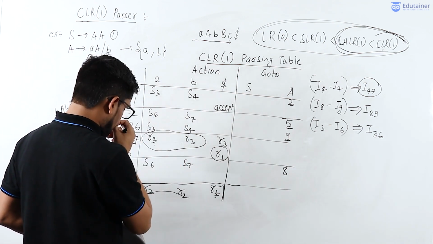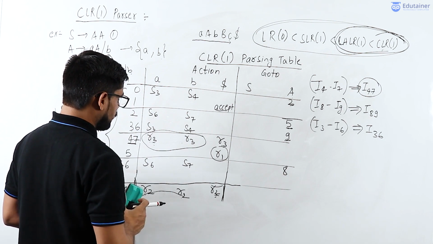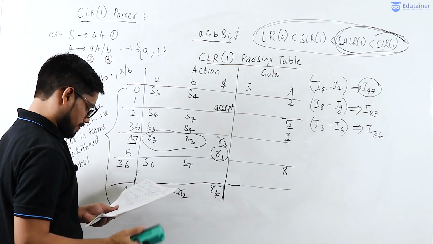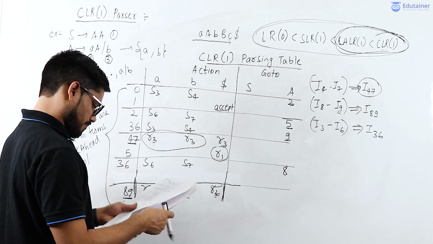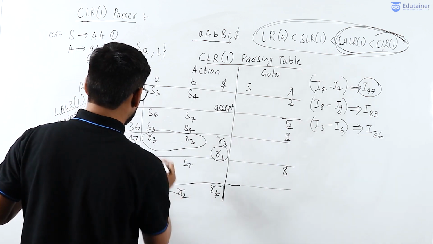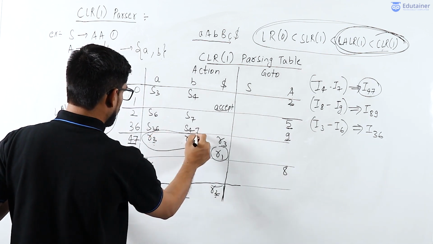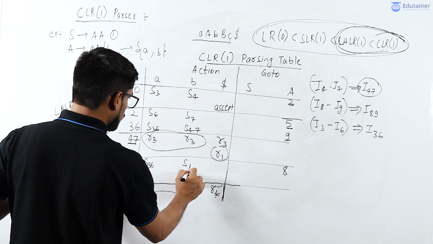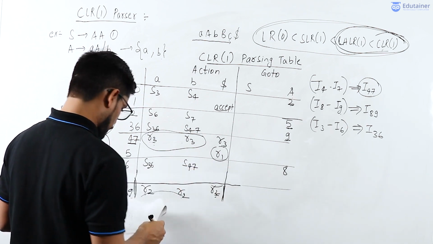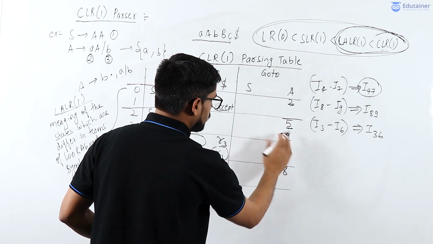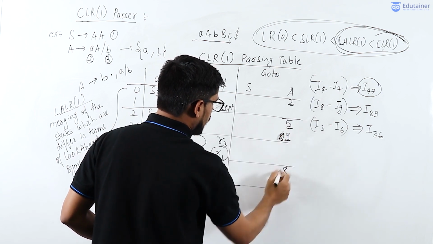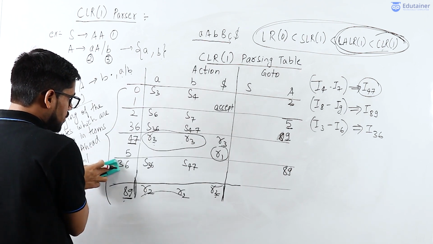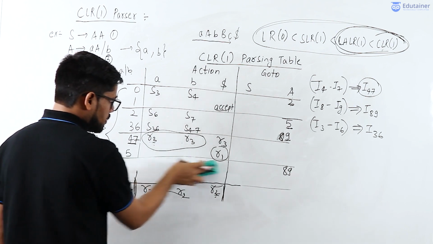If you add S3 and S4, here the state is S36 and S47, and here also S36 and S47. Okay, and here 89 in the goto part, and here also 89. So this state is redundant, and I can easily remove it.